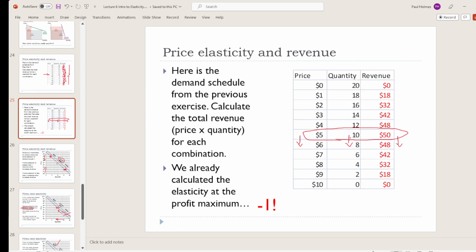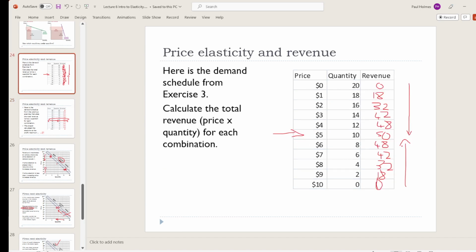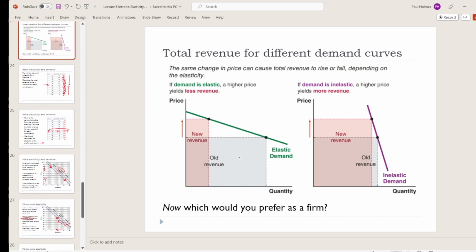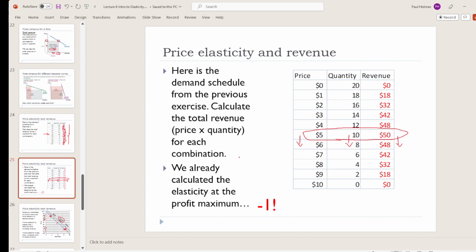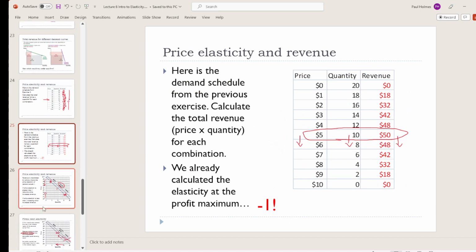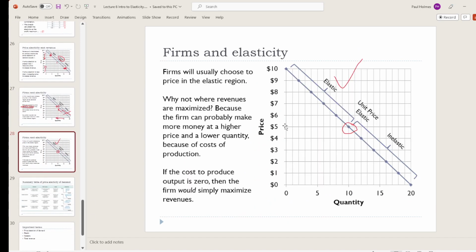So we're going to get some massive cost savings here by raising our price a little while losing very little in the way of revenue. And so for that reason, most firms are going to choose to price somewhere up into this elastic region, with how far up you go depending on how much you have in the way of costs.